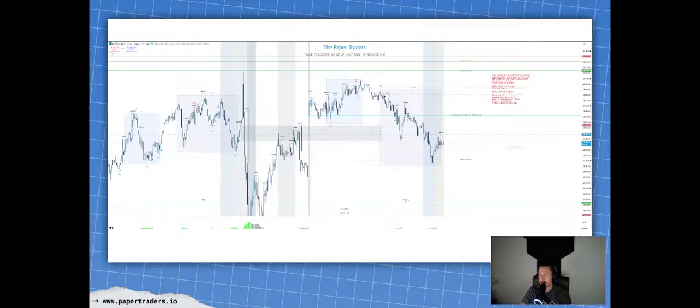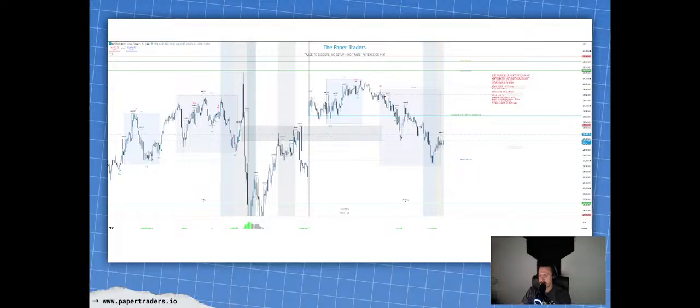On the 5-minute, I can see that Asian session had a bit of a range with London manipulating to the downside, expanding to the downside.